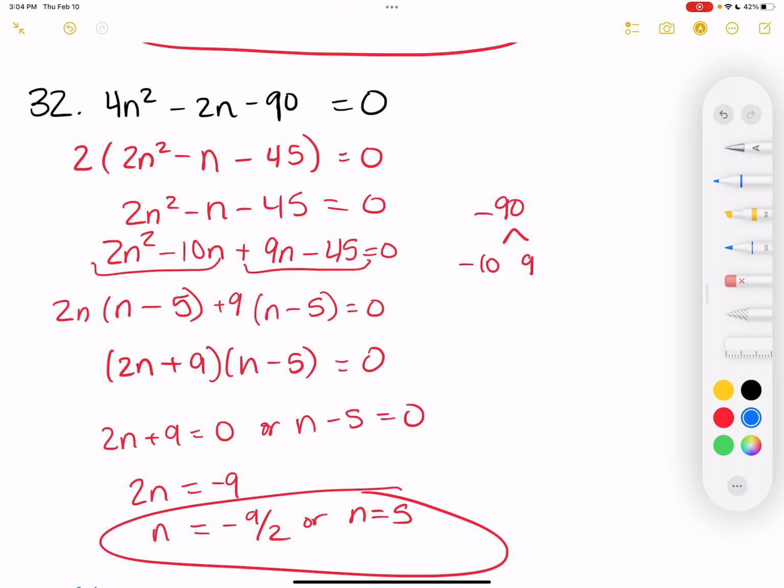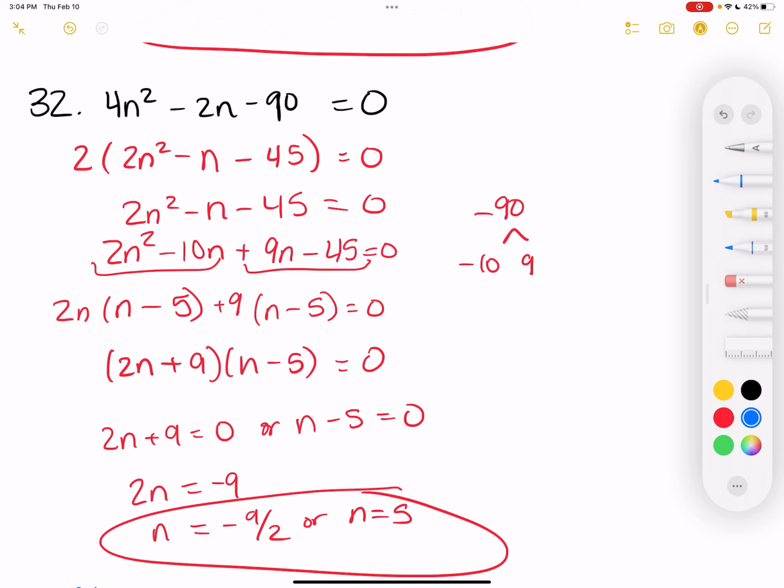Out of the first batch, you take out a 2n. That leaves you with n minus 5. Out of the next part, you take out a 9. Leaves you with n minus 5. Take everything outside and make a factor: 2n plus 9. And then everything inside, n minus 5 equals 0.